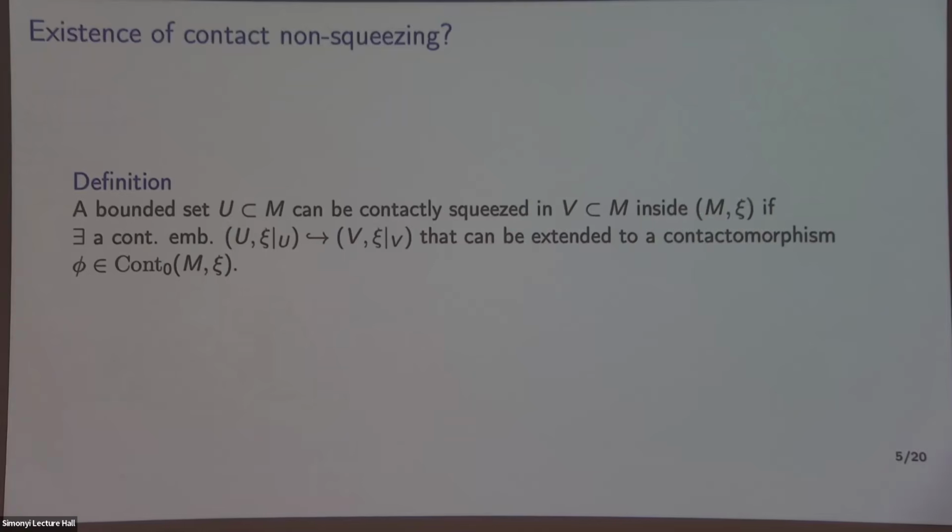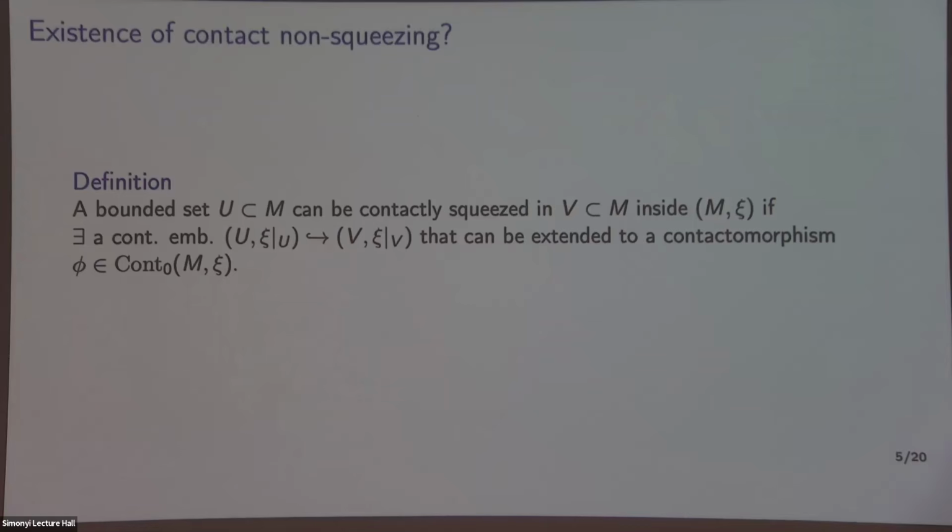Moreover, I ask this contactomorphism to be isotopic to the identity. So in this case of local charts, by this definition, any large ball can be contactly squeezed inside any ball, taking M to just be the whole Euclidean space?